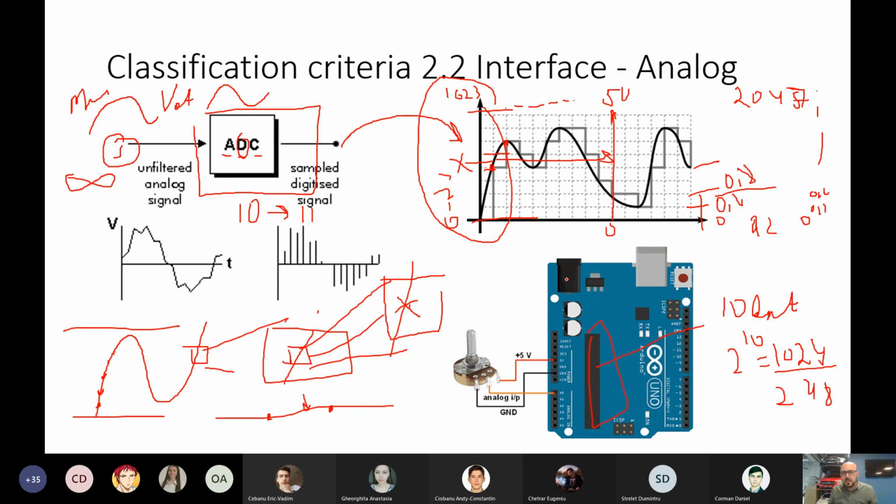Okay. So now, having the analog interface, we will never be able to collect the high resolution signal. Okay, we can have a limited resolution. So the analog signal has the highest limit of resolution, meaning infinite.